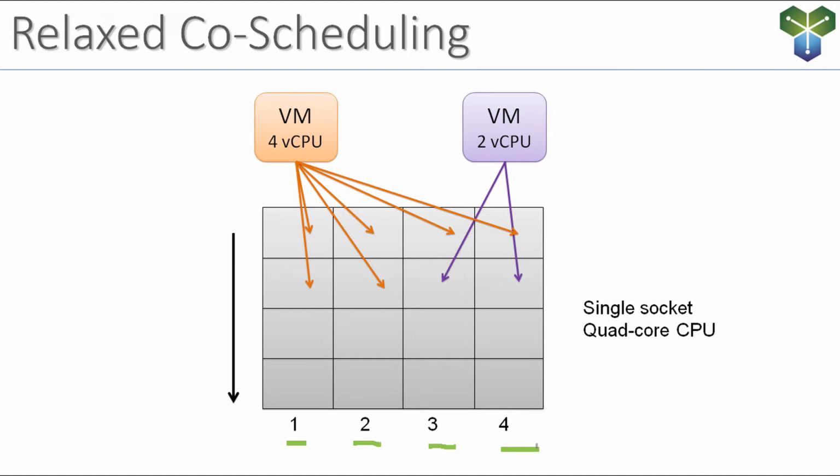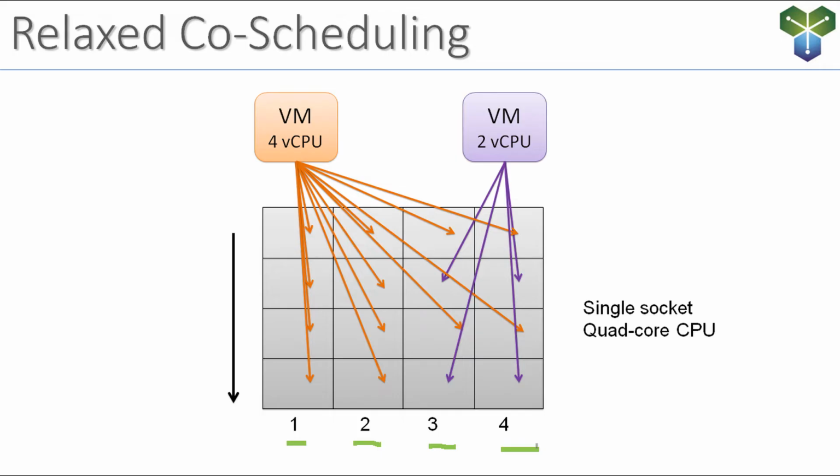I can continue to make progress executing CPU tasks, executing CPU instructions, even though I can't get my full 4 virtual CPUs. And this pattern will continue. And so the big benefit of relaxed co-scheduling is the fact that we're not wasting those time slots. It's much more efficient.